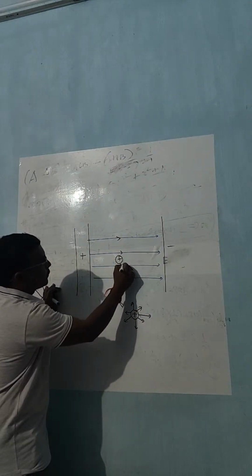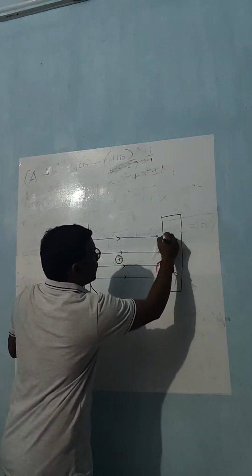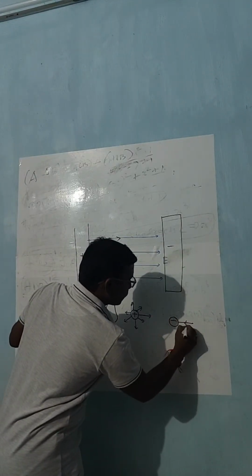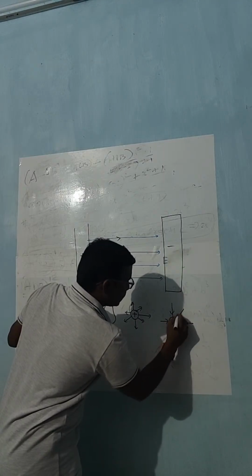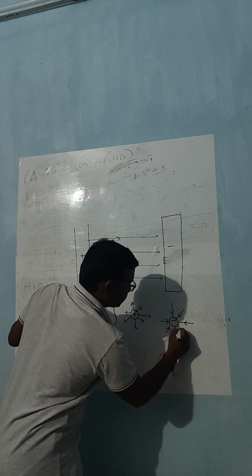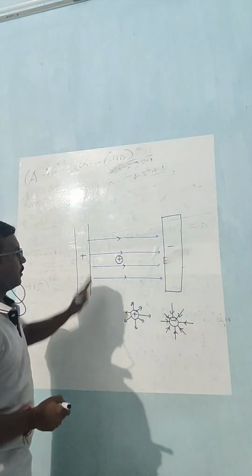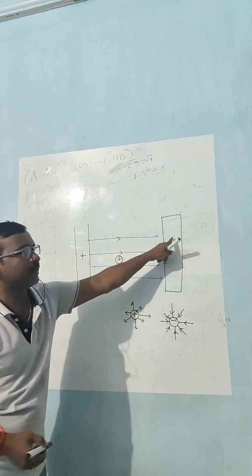For the negative charge, the electric field lines are converging here like this. So electric field lines go from positive charge to negative charge.